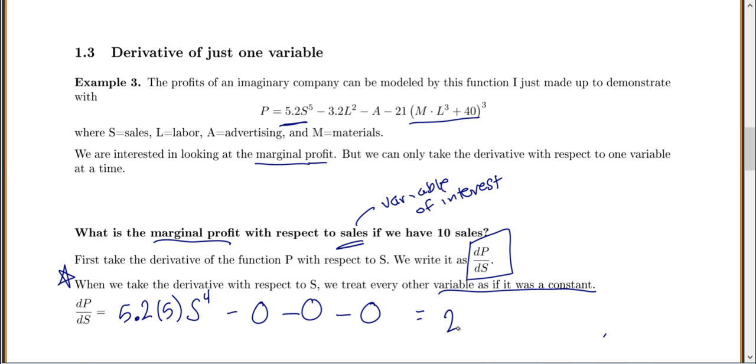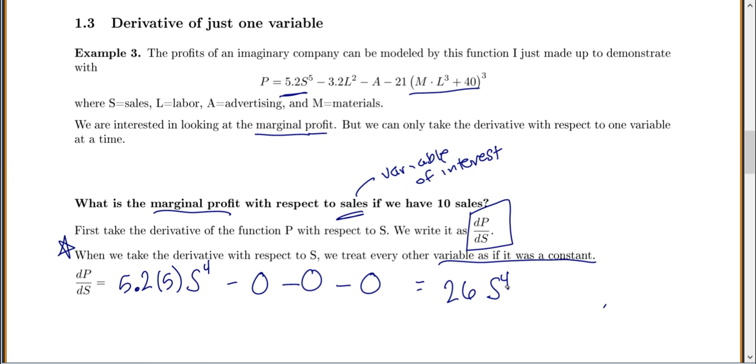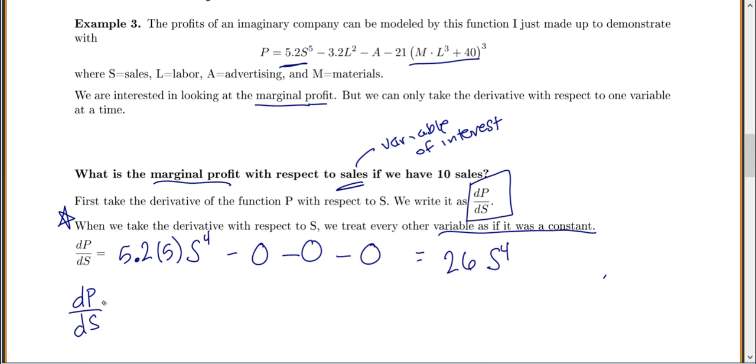Okay, so you put all this into your calculator, you get 26 s to the power of 4. Okay, then how do you plug in the 4? We have this nice fancy notation, so the derivative of p with respect to s, and sometimes we'll write it like this. We'll say evaluated at, not x, but s in this case.